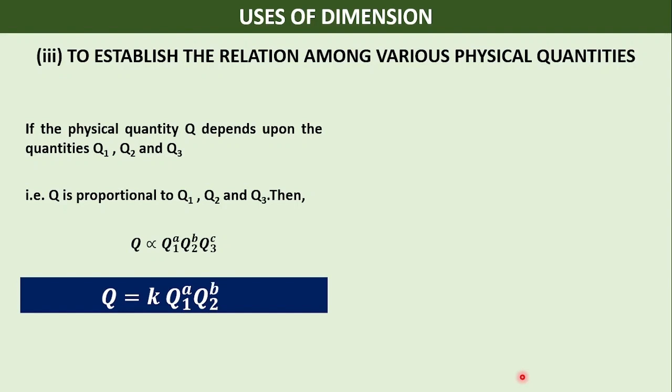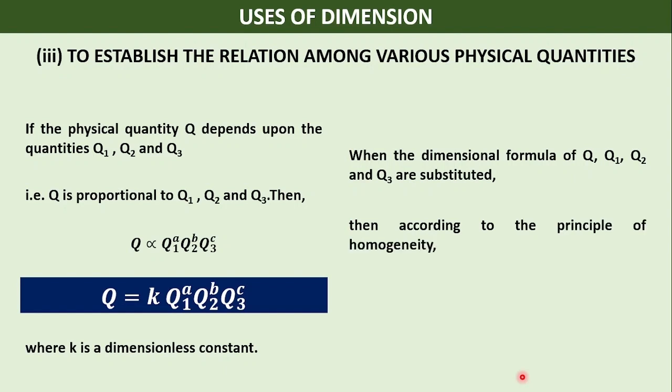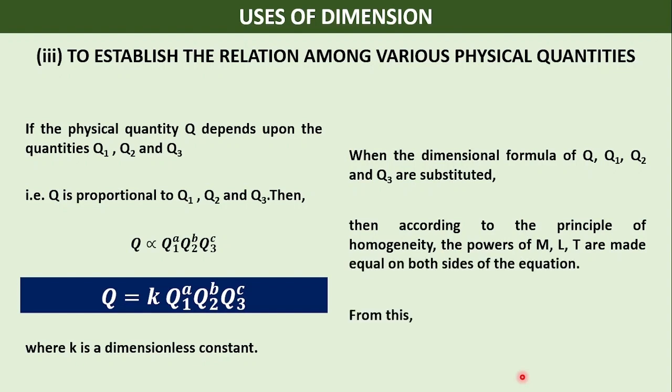Q equals K times Q1 power A, Q2 power B, Q3 power C. Here K is a dimensionless constant. When the dimensional formulas of Q, Q1, Q2 and Q3 are substituted, then according to the principle of homogeneity, the powers of M, L and T are made equal on both sides of the equation. From this, we can find the values of A, B and C.